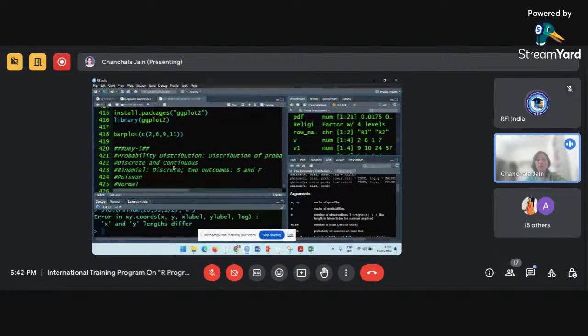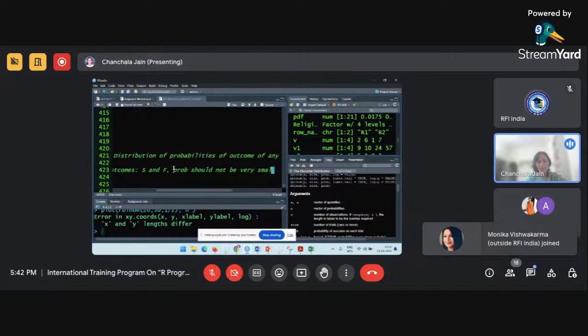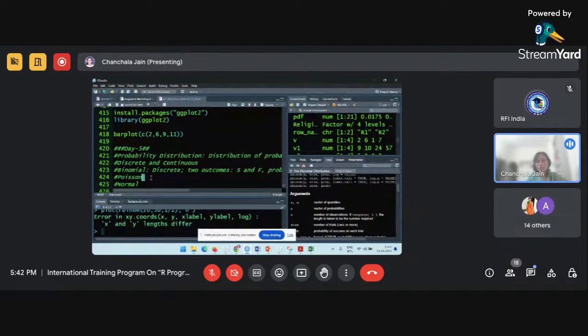So we need to have the probability of success and the probability of failure with us in the binomial distribution. Generally, the probability value should not be very small, right? This is known as the binomial distribution in statistics.